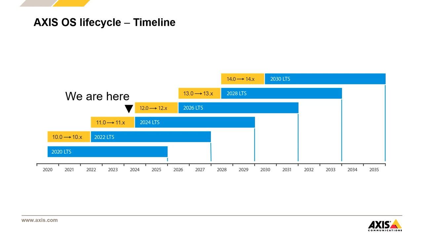As you can see, we're getting quite close to the end of the Access OS 11 lifecycle, and there's not much time left before we create the Access OS 2024 LTS track. And after that, we're going to increase the Access OS major version from 11 to 12 and start releasing the next active track of Access OS 12 in Q3 2024.